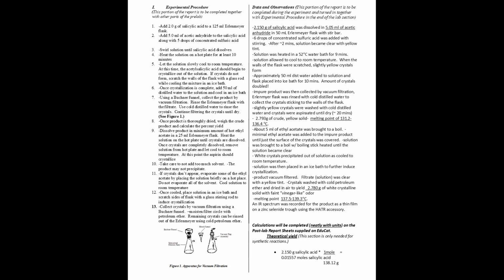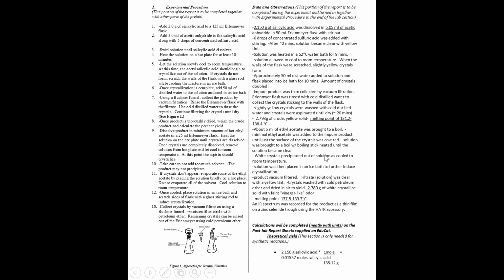Also list all the data, for example the mass, weight, and volume of the reagents, concentrations, temperatures, melting point, boiling point, and for the final product the mass and yield.